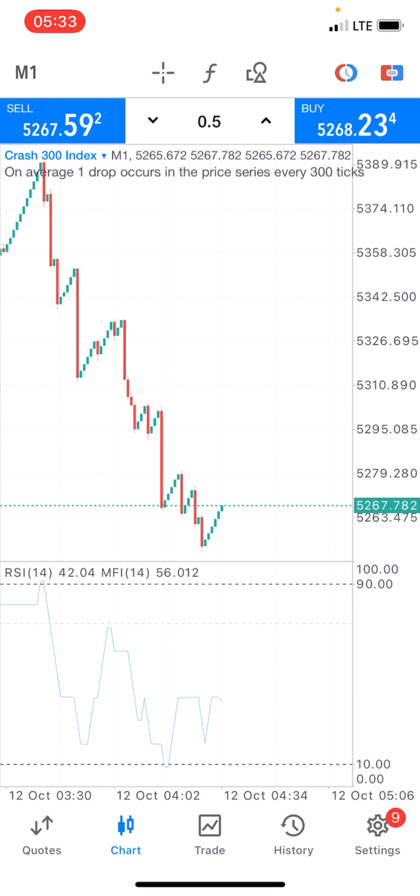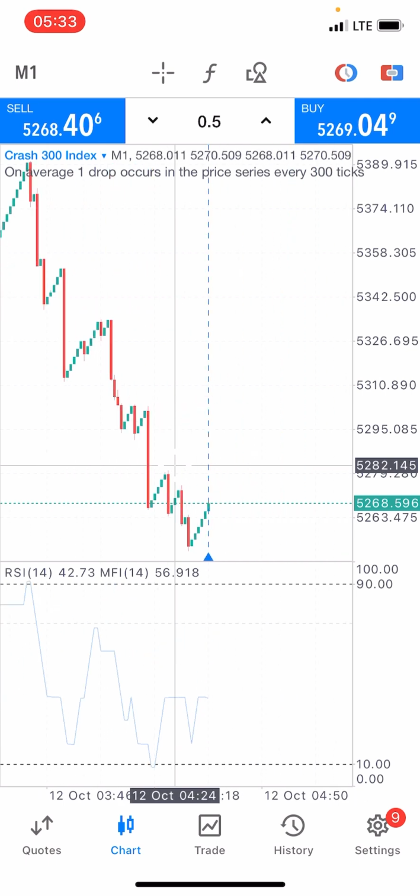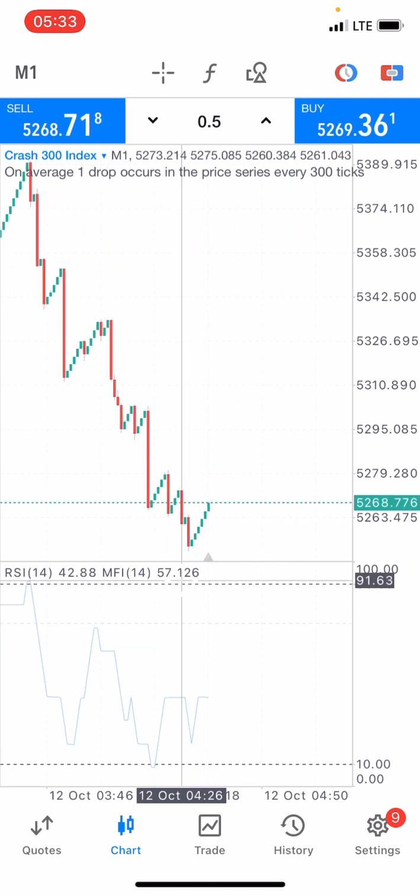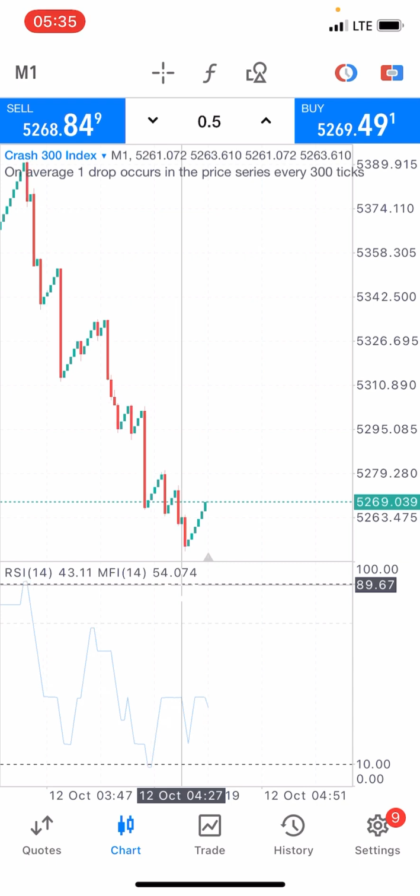It's going to visually represent the flow of money in and out of Crash 300 over a set period of time. And it actually swings from 0 to 100, whereby we have the overbought and the oversold region. In this case right now, this is going to be our oversold region, and this is going to be our overbought region. So if you are still wondering how to use this, I'm going to show you.